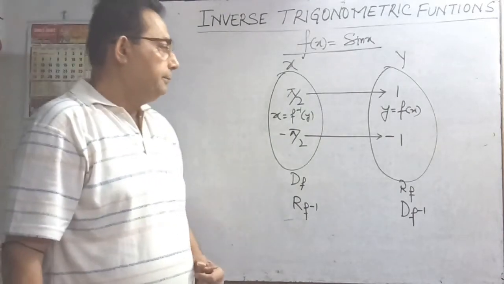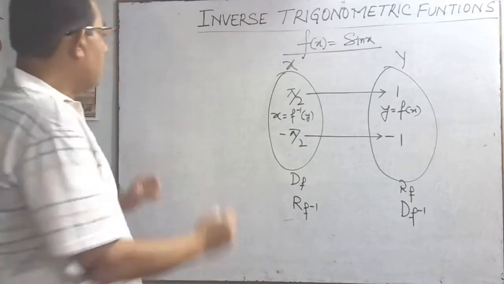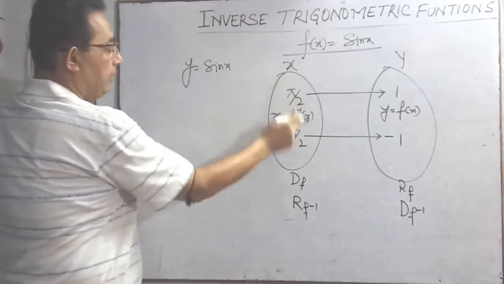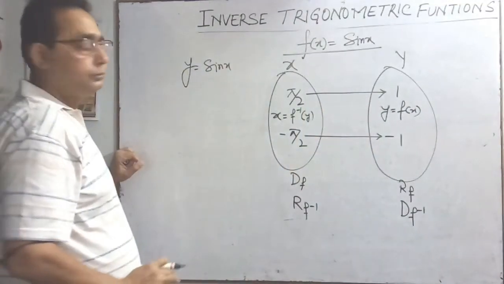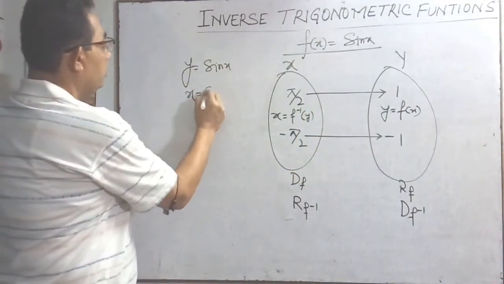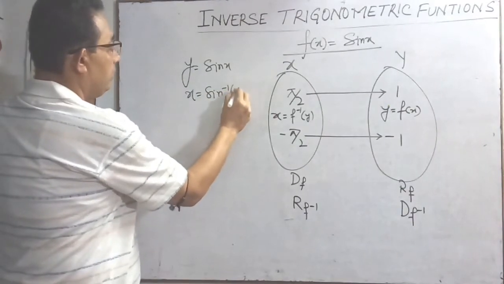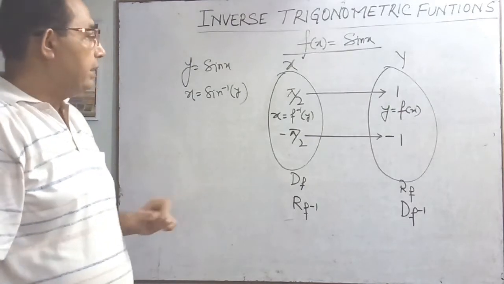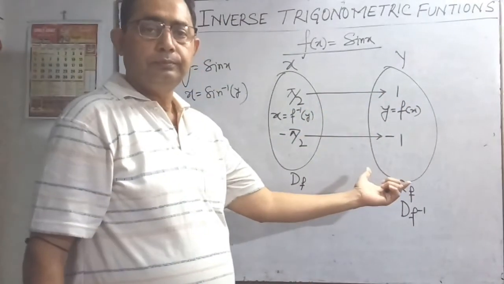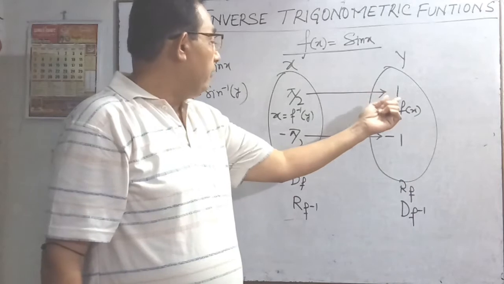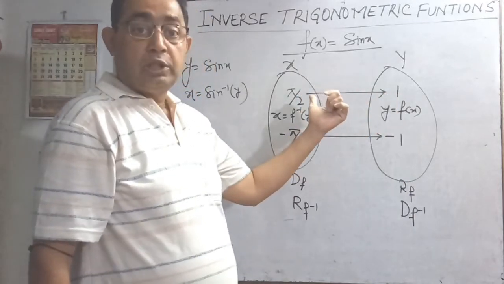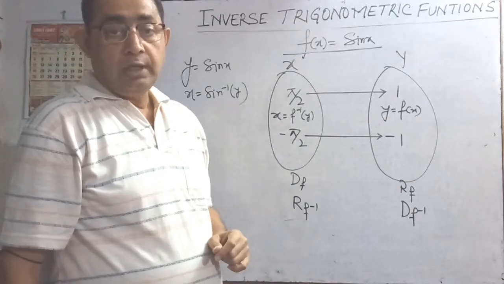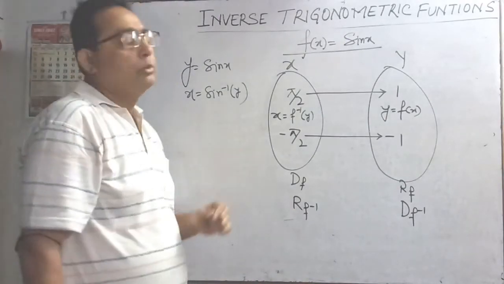In this case, if you say y equal to sin x, pi by 2 or minus pi by 2, it is clear. Now x equal to sin inverse y. In this case, it is the domain. One value is pi by 2, 3 pi by 2 value is also 1. That time it is not one-one.